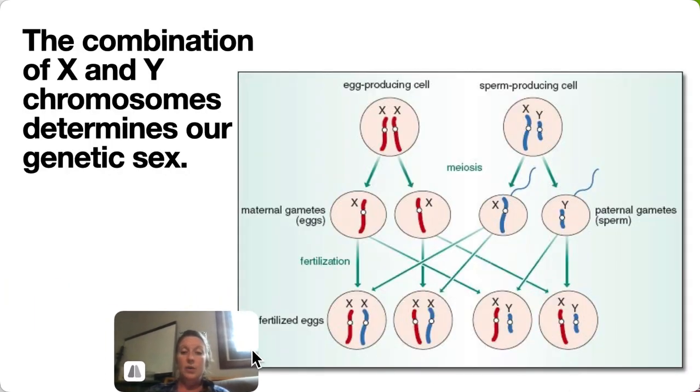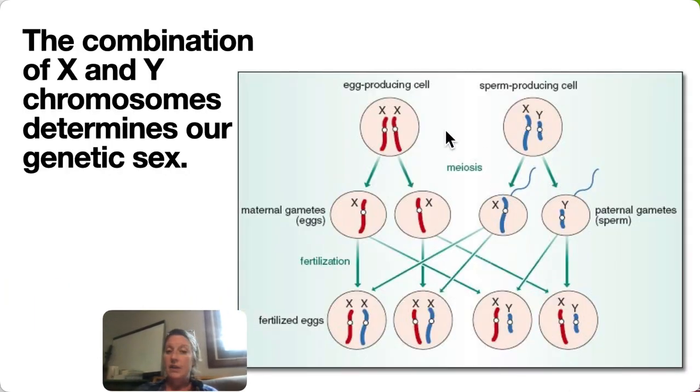Here's an egg-producing cell that produces two eggs. Each one got one copy of the X chromosome. And here we have a sperm-producing cell that has an X and a Y. So half the sperm are going to end up with the X chromosome, and half the sperm will end up with a Y chromosome.